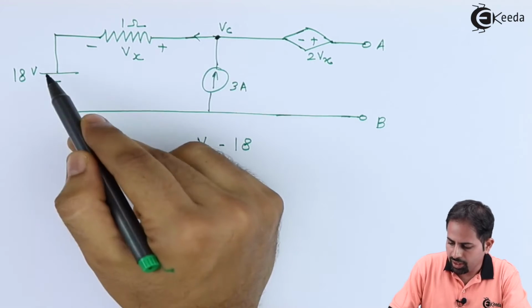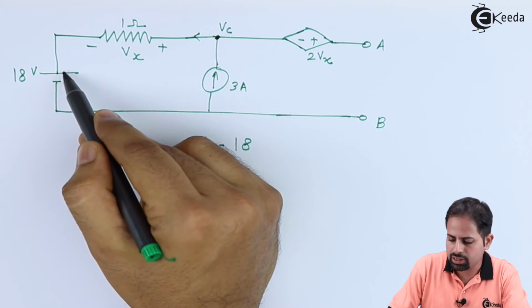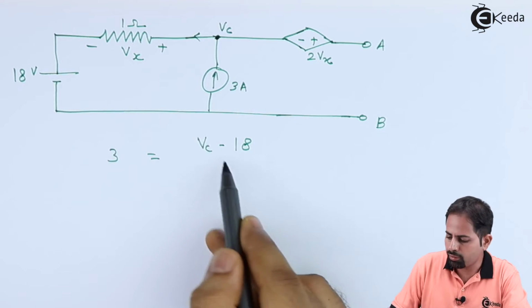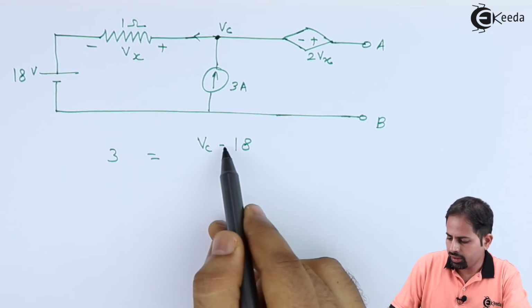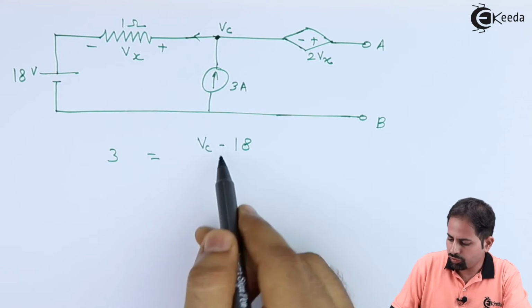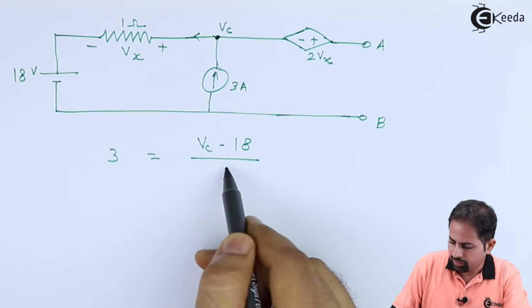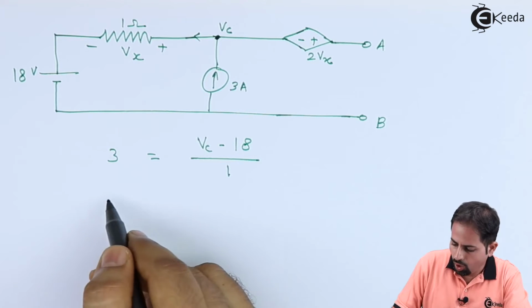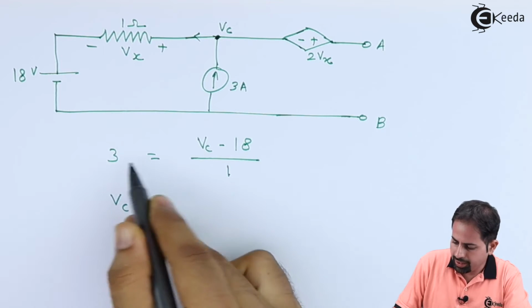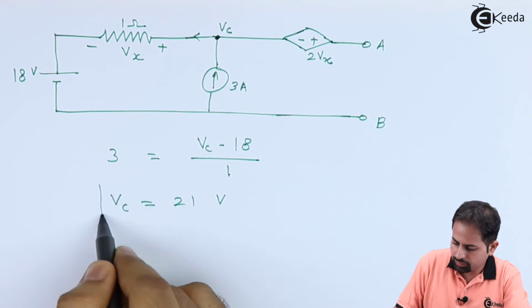It is Vc minus 18, minus because it is from positive to negative. Had it been minus plus, then there would have been a plus sign. So Vc minus 18 divided by 1. So simply I will get 3 equal to Vc minus 18, or Vc equal to 18 plus 3, that is 21 volts.